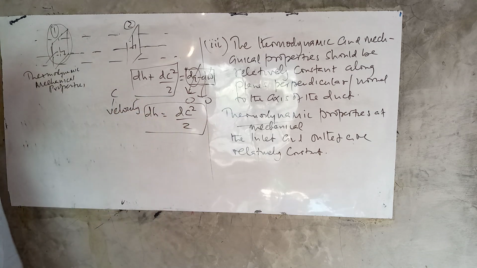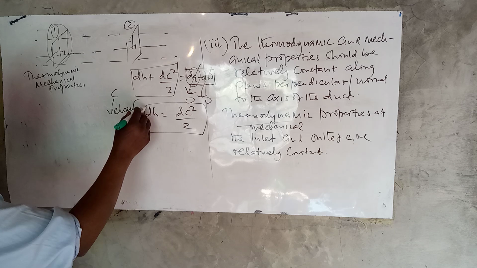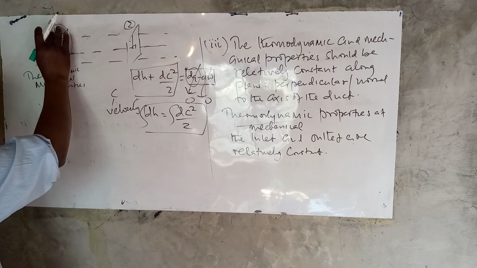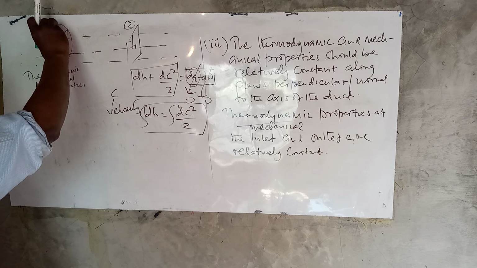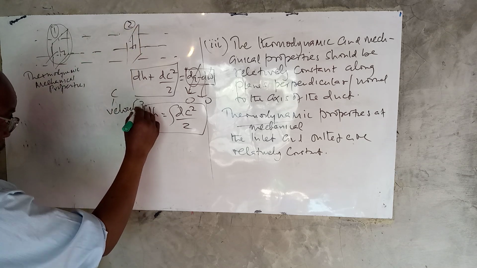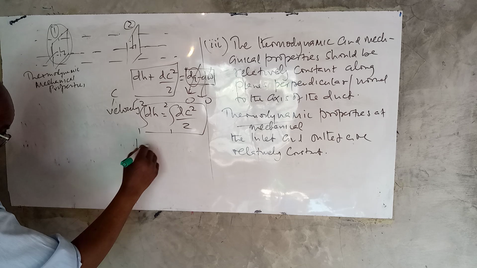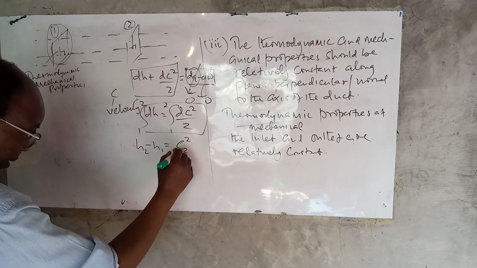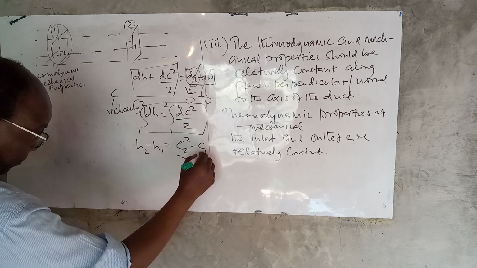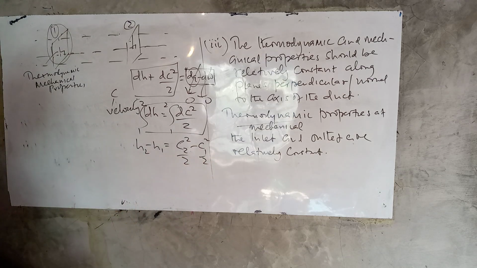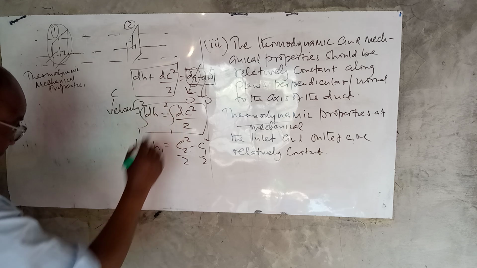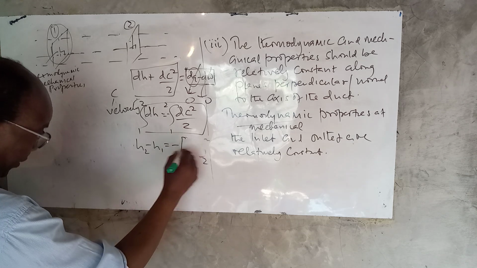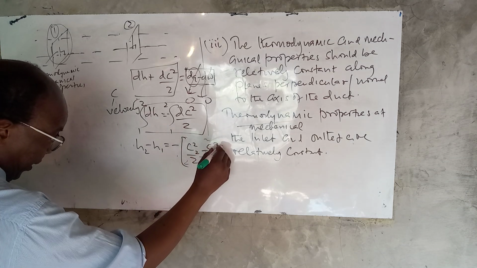And so if you do simple integral calculus, and integrate both sides, let's say from some property, with the limits represented by properties in plane 1 and plane 2, then we have h2 minus h1 is equal to minus c2 squared over 2 minus c1 squared over 2.